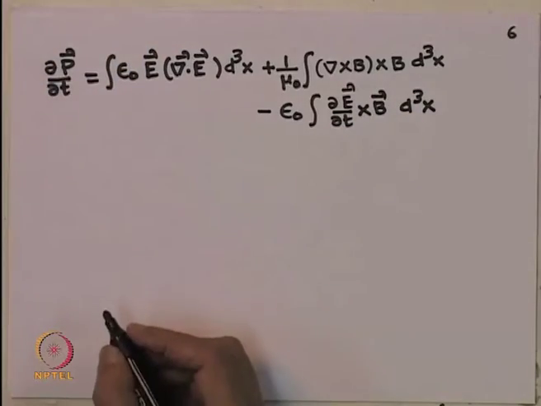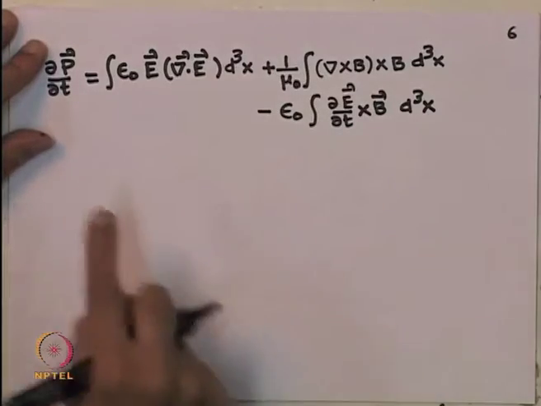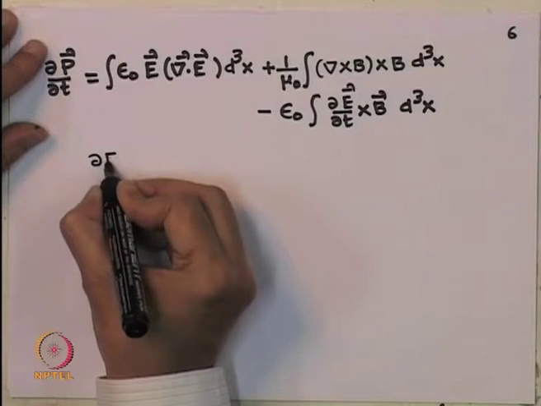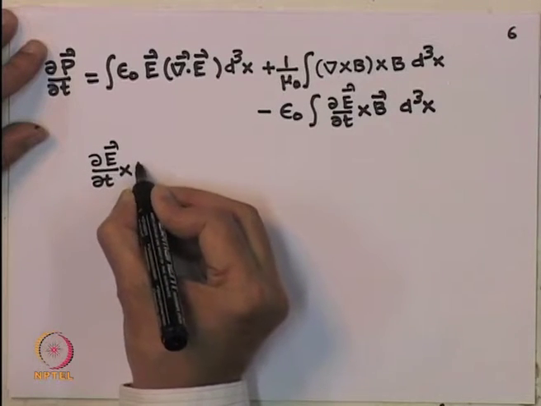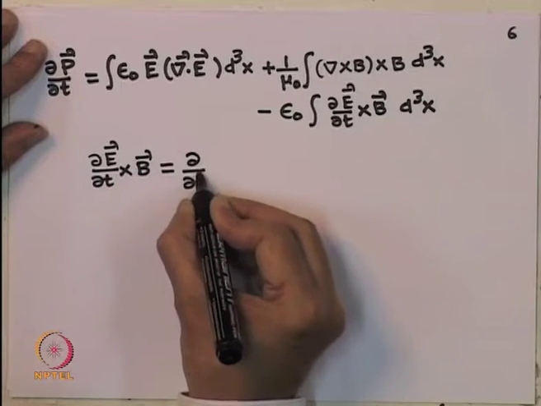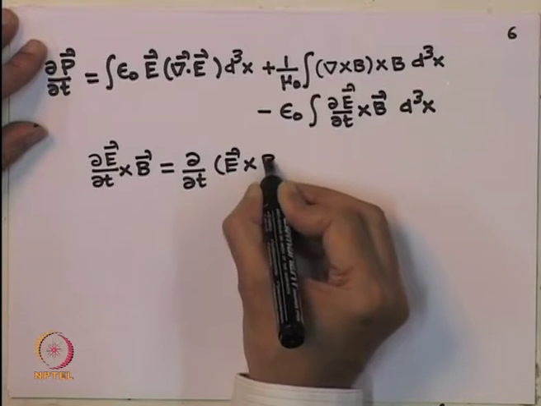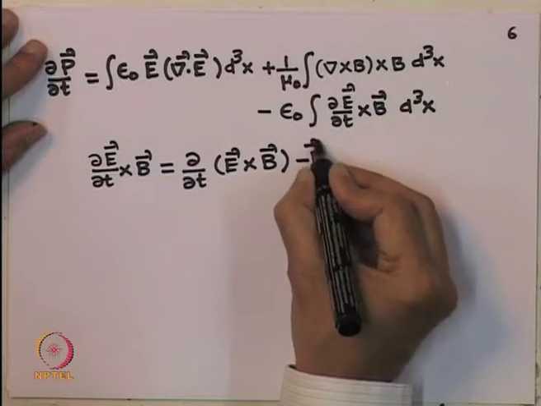Okay. Now, I am going to change this equation to a slightly more symmetric form. So, first let us observe that dE by dt cross B can be written as d by dt of E cross B by the chain rule, minus E cross dB by dt.